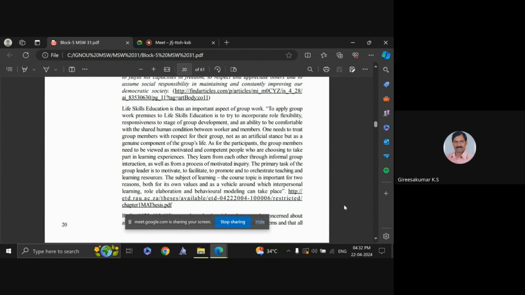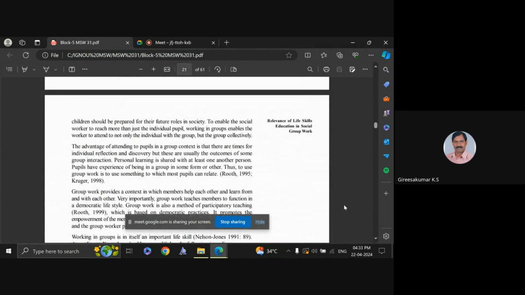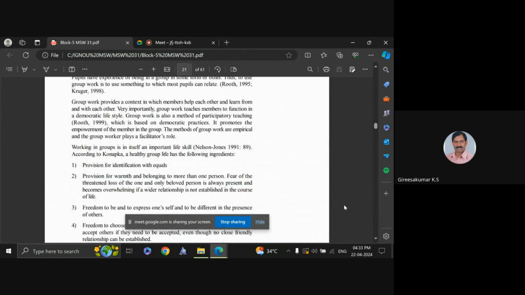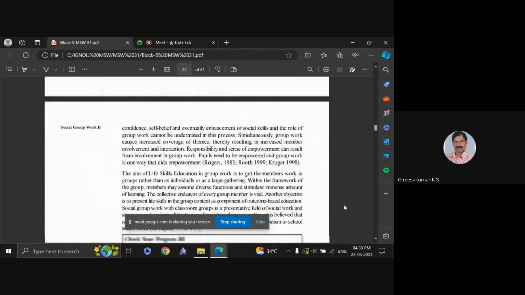So the subject of learning, the course topic, is important for two reasons. One, values as a vehicle, and two, interpersonal learning. Konopka has given the following ingredients, and you may read the 8 ingredients.